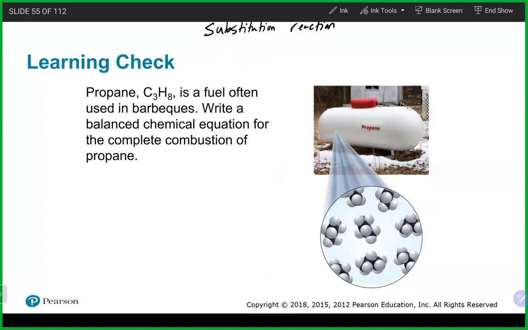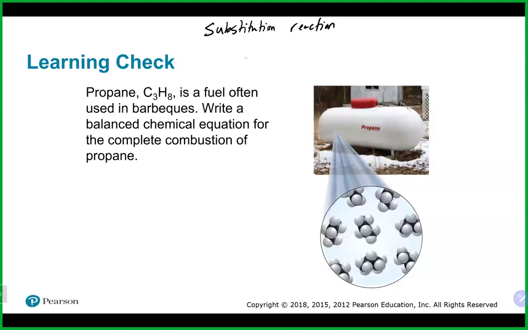In the case of an alkane, generally speaking, you have some hydrogens.